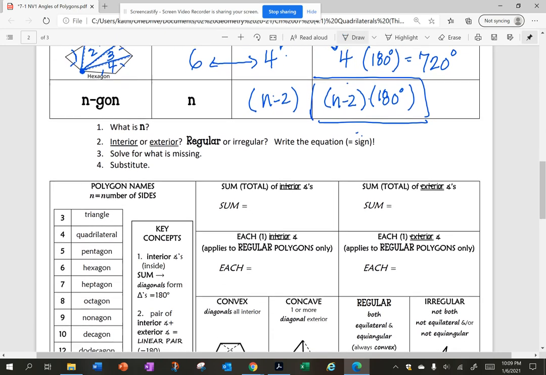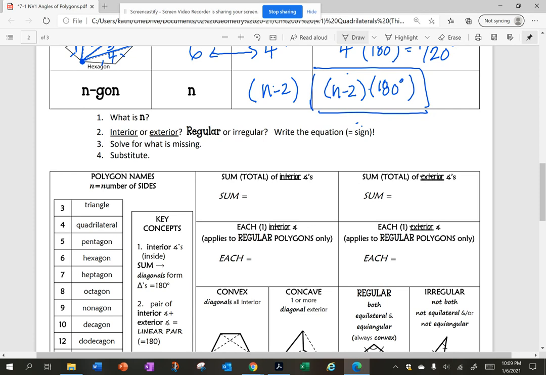Okay, so just to review a couple things. N is the number of sides. Interior or exterior is what I'm thinking about. Do I have a regular or an irregular polygon? And write the equation.